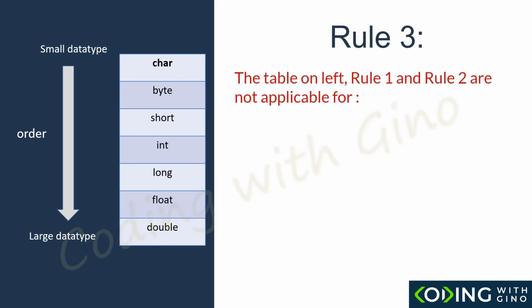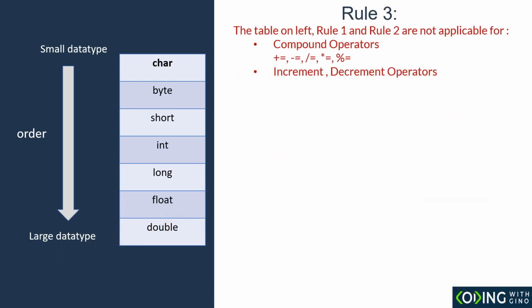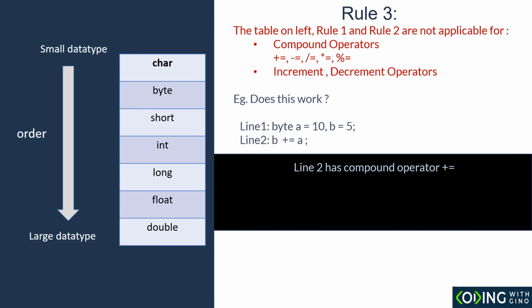Rule 3 is simple. All it says is, the table we used along with Rule 1 and 2 are not applicable for compound operators and increment-decrement operators. Let's test this out. What would happen on line 2? Line 2 has compound operator plus equal to. Hence, Rule 1 and 2 are not applicable here.